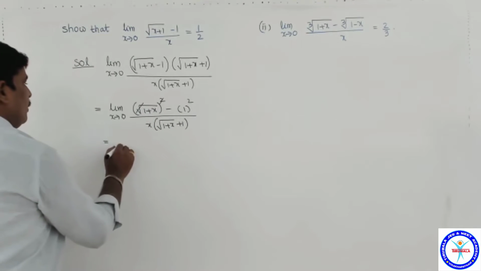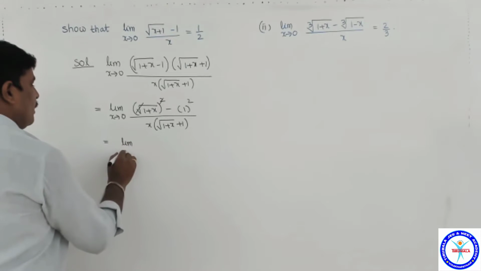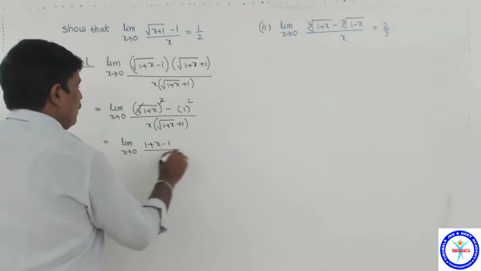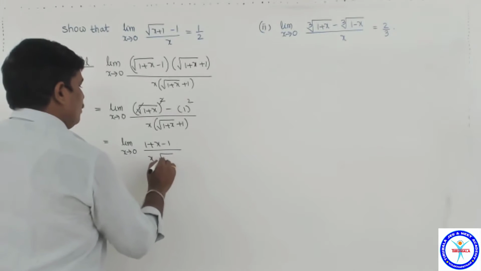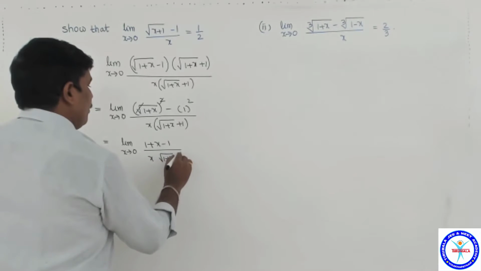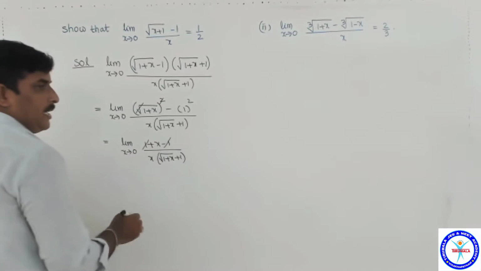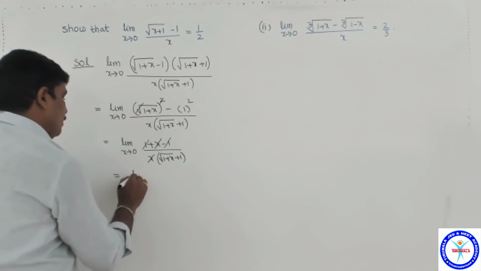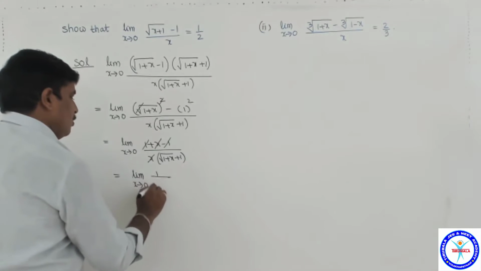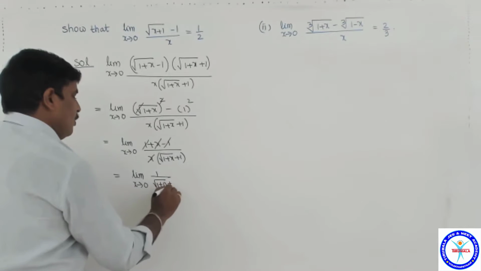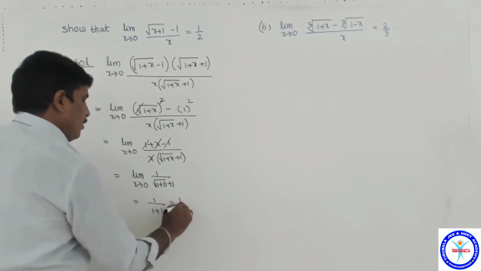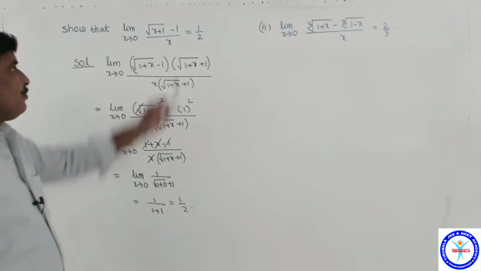This is equal to limit x tends to 0 of 1 plus x minus 1 by x into (root over 1 plus x plus 1). Minus 1 plus 1 cancel, x cancel. So this is equal to 1 by root 1 plus 0 plus 1, equal to 1 by 1 plus 1, equal to 1 by 2.